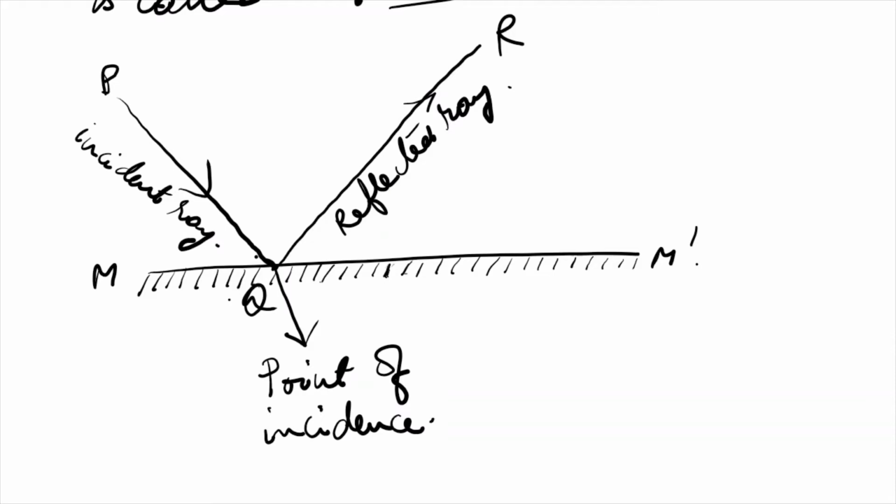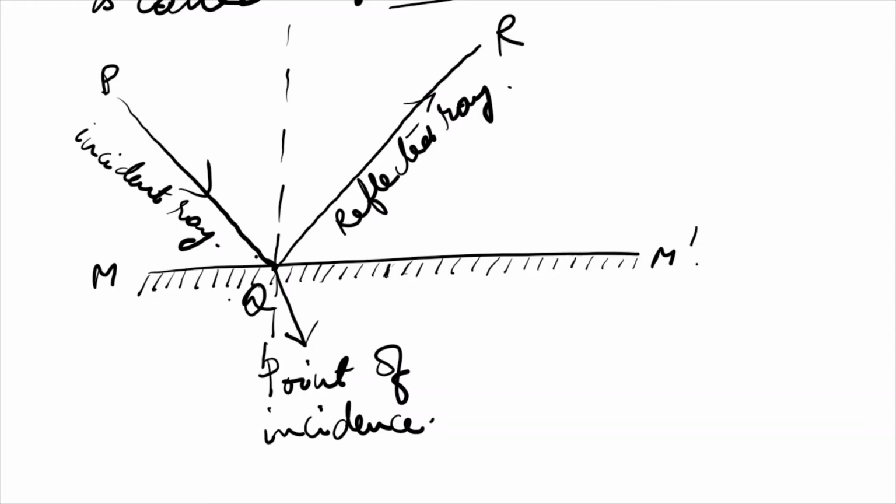Now, there is another term which you will learn, which is normal. Normal is an imaginary line which is drawn perpendicular at the point of incidence and perpendicular to the mirror, to the surface where the light is incident. It does not exist.